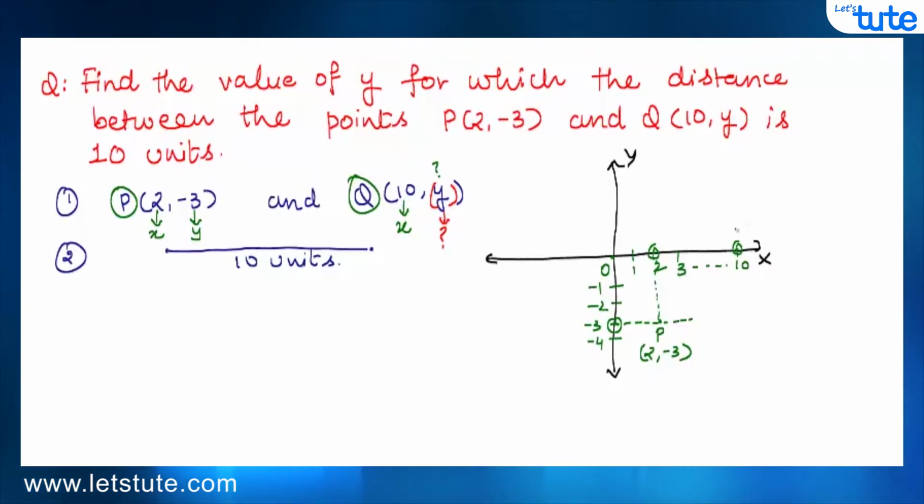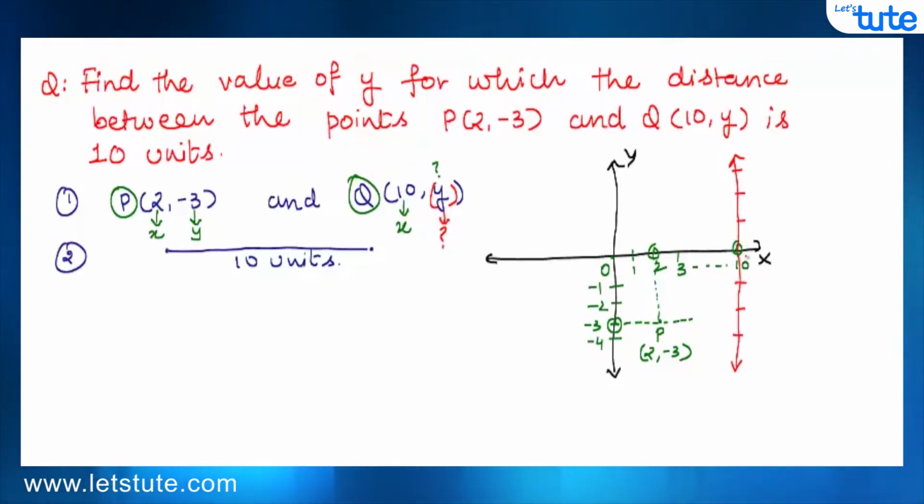We can do that with the help of a line passing through x equals 10. I have drawn a line passing through the value 10 on the x-axis and parallel to the y-axis. All the points on this line will have x coordinate as 10.